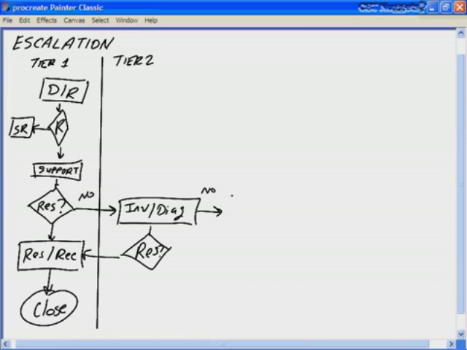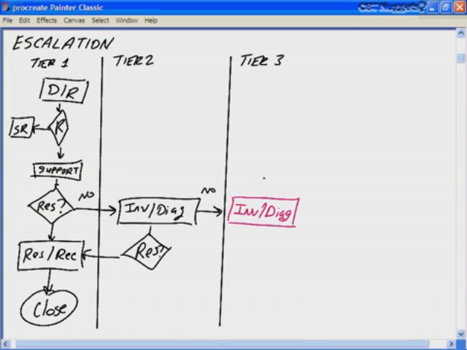If it's not resolved, then we're going to go to our third line support. What we have here at Tier 3 is more investigation and diagnosis. Depending upon your organization, Tier 3 or the third line may be system architects, system developers, software developers, programmers, those types of things.